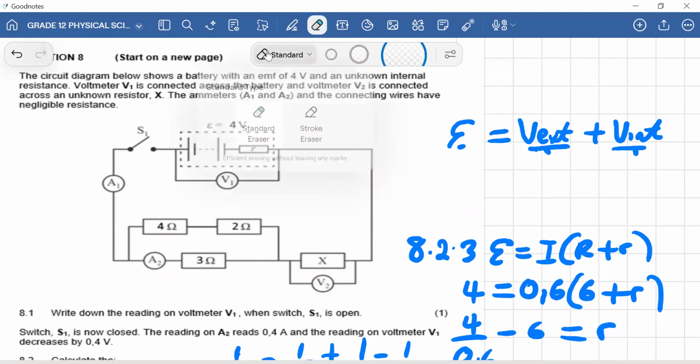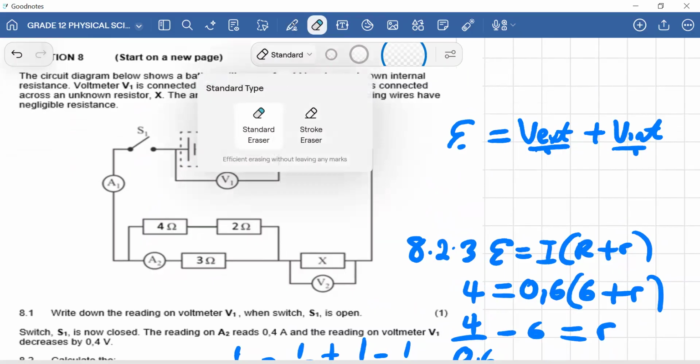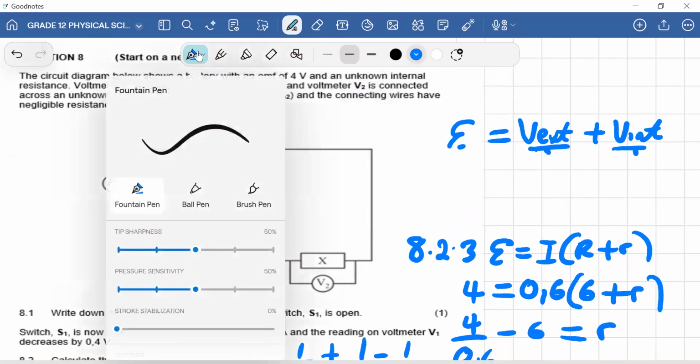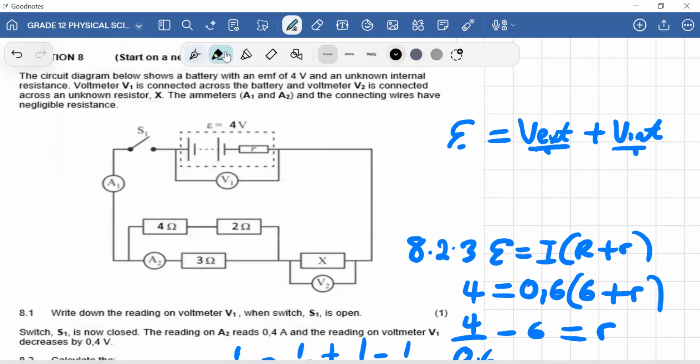Okay, so now we are going to take away this part. This part is now replaced by a wire of negligible resistance. That means there is no more resistance.